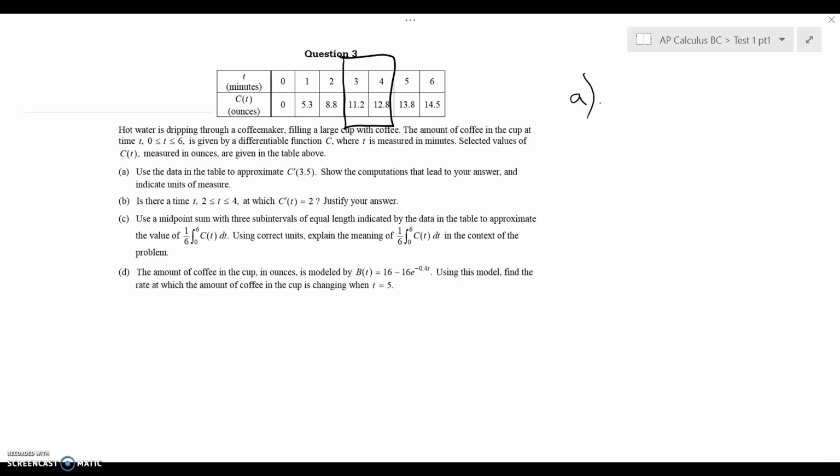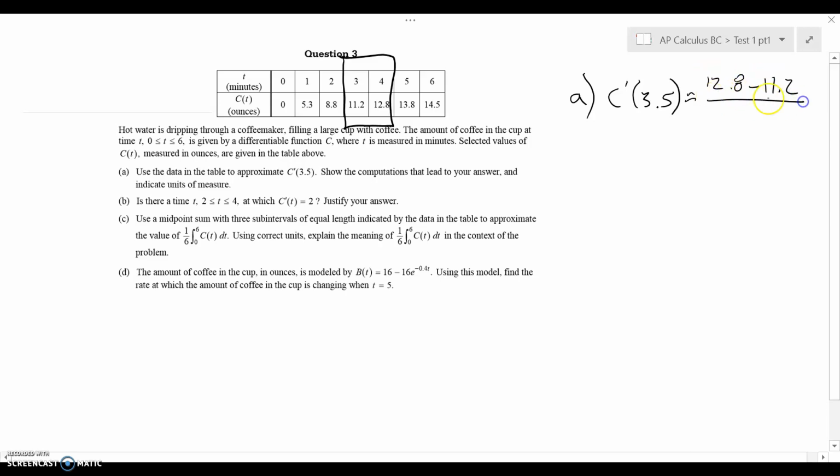So in this case, the slope, or my C prime of 3.5 estimate, we can say approximately equal, is going to be the rise, which is 12.8 minus 11.2, over the run, which is 4 minus 3. And that means that we've got a 1.6, and that's ounces up top. And then on the bottom, we have 1, and that's minutes.